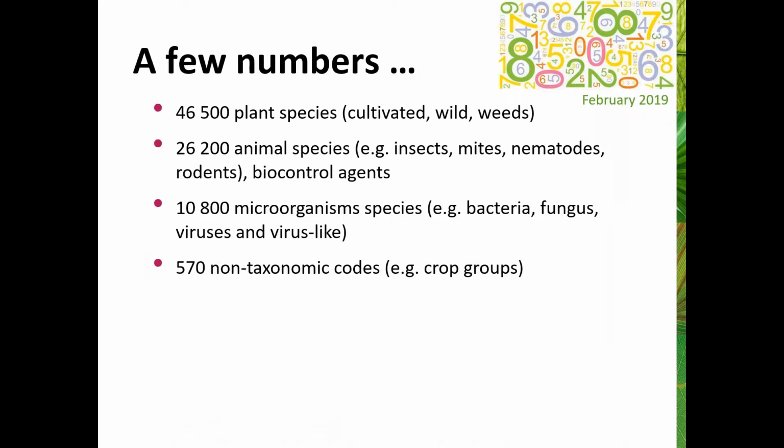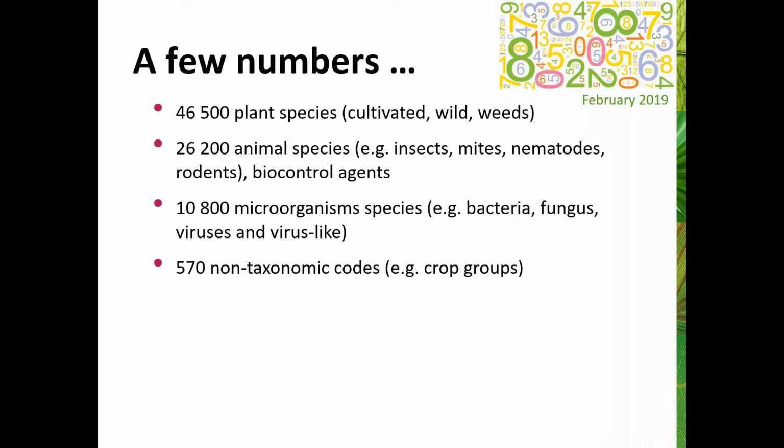So just a few numbers. Today, all in all, the database covers more than 46,000 plant species, cultivated, wild, or corresponding to weeds, more than 20,000 animal species, so insects, mites, nematodes, rodents. Also, it covers some biological control agents.